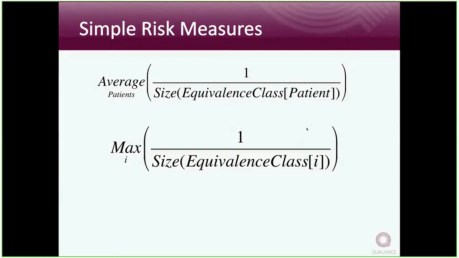EMA policy recommends using the maximum risk when it is a public data disclosure in order to make sure that every patient is protected adequately. The average risk is often used for controlled data disclosure, so typically what companies do when they share data with researchers with a portal and contract in place.